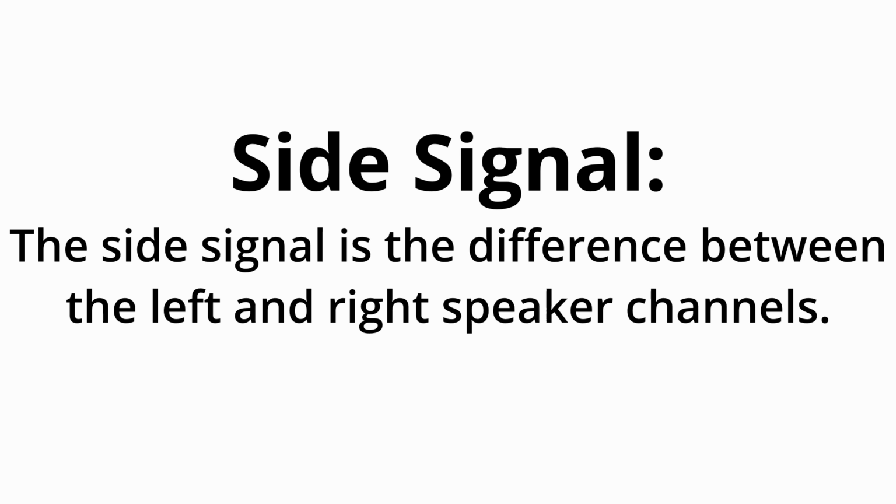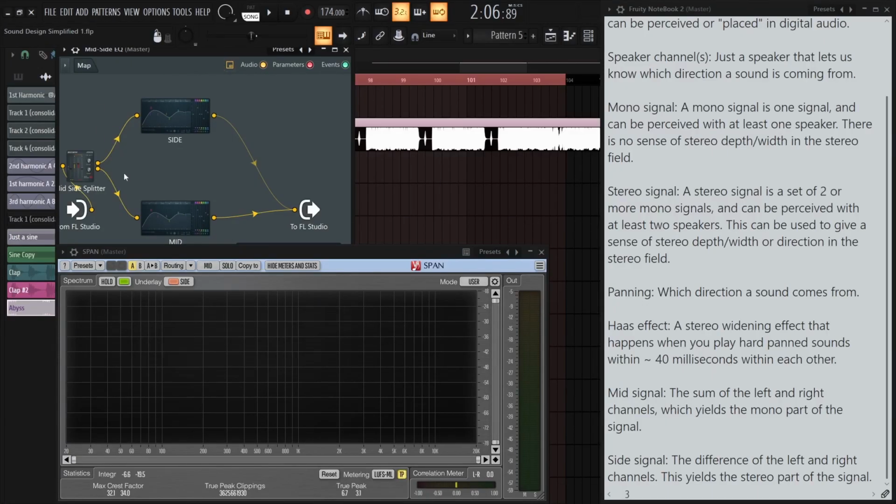So I have a song here and a tool called the mid-side EQ that allows me to isolate the mid and side signals. Here's what the mid signal sounds like in this song.